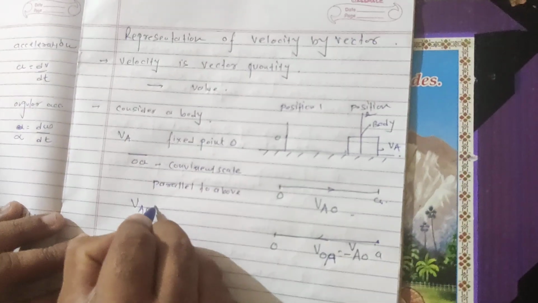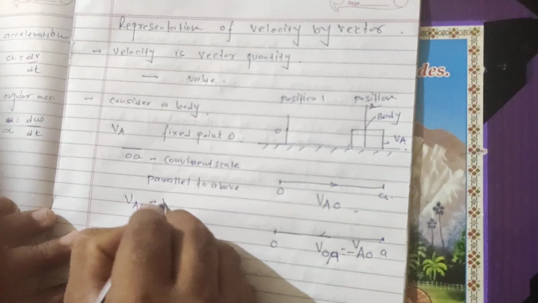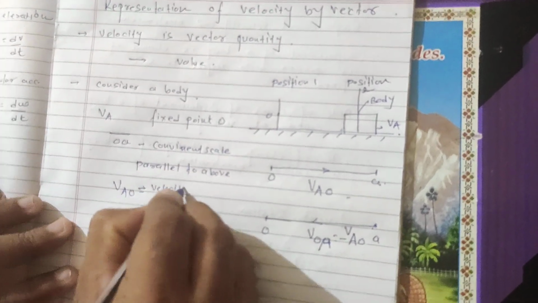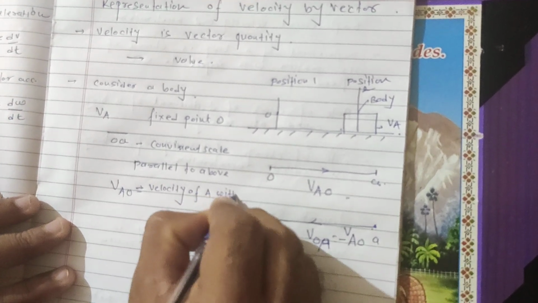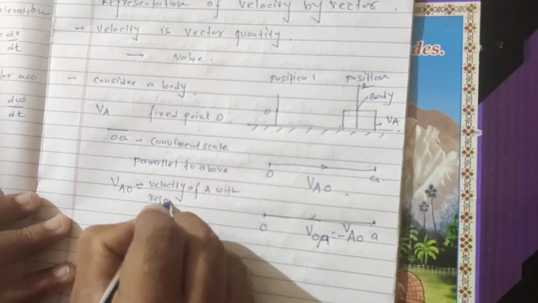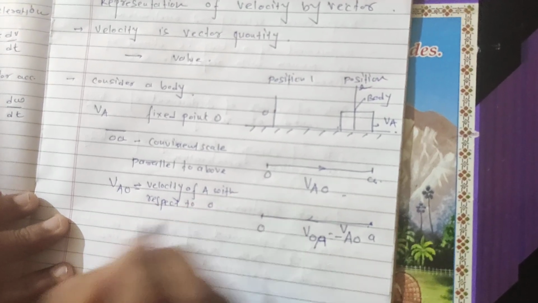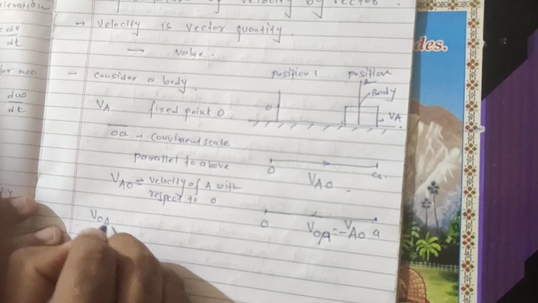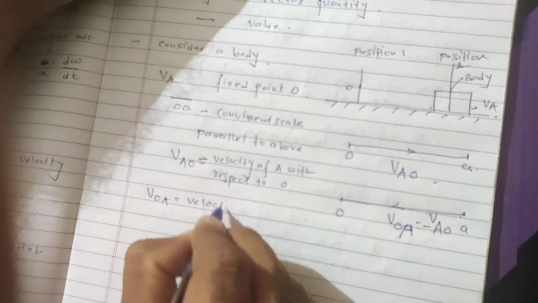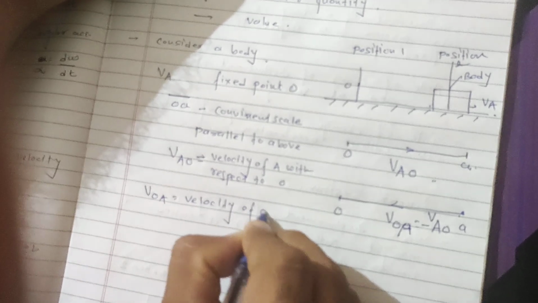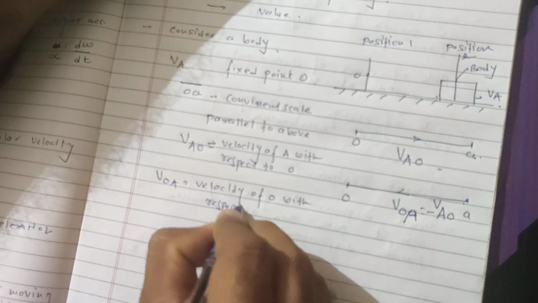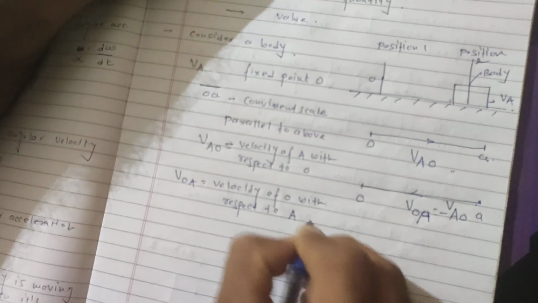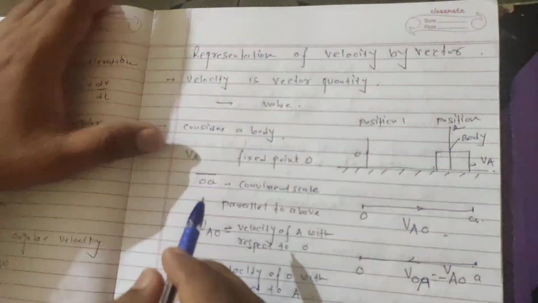Here it may be the velocity of A with respect to O, and here VOA is the velocity of O with respect to A. Clear?